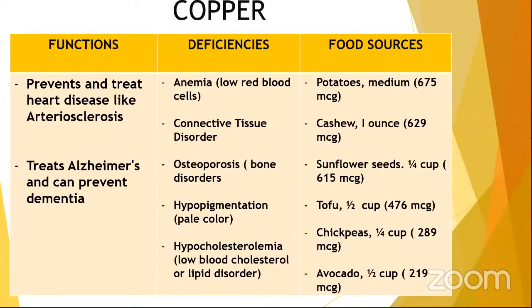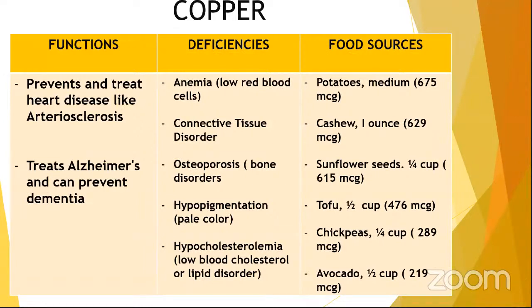Our second trace mineral is copper. Now, copper helps prevent heart disease like arteriosclerosis. Arteriosclerosis is just a scientific name for the blocking of the arteries of the heart. And it can also treat and prevent dementia and Alzheimer's.